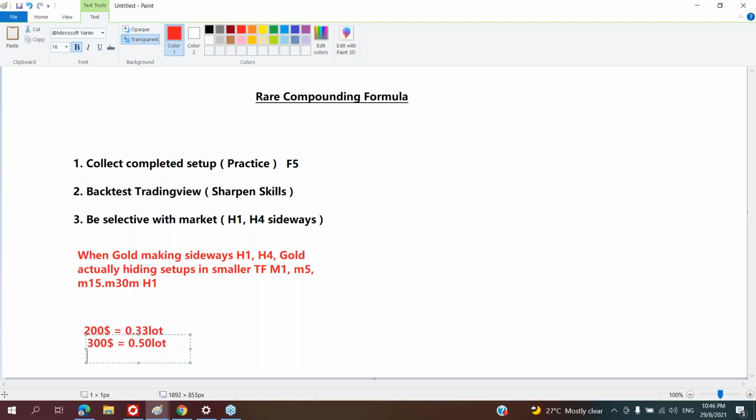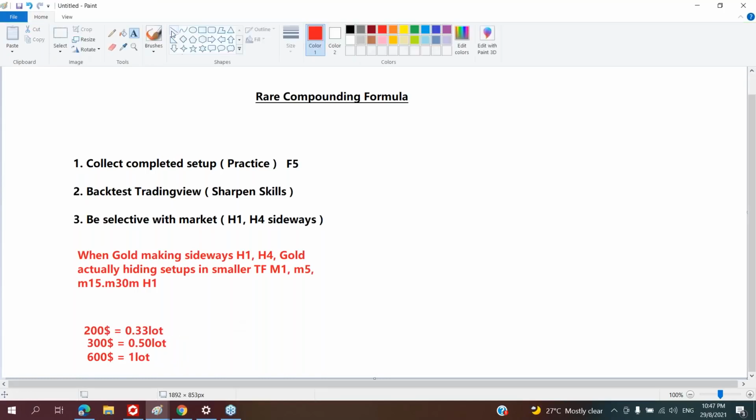And then, for example, I gained another $300, so I got $600. Then I'm going to switch to one lot. So this is rare compounding.